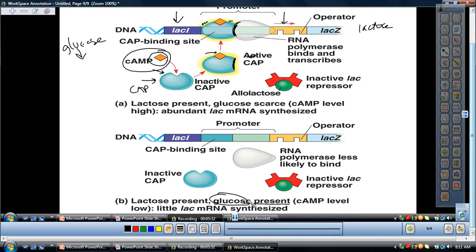In that case, we now have an inactive CAP, not going to bind because the concentration of cAMP decreased. If that concentration is decreased, we have fewer of these, they're not activated, they don't come up here and bind, and RNA polymerase is less likely to bind. It doesn't mean it can't, because I just showed you a minute ago that it could, but it's less likely, because there's not something that's speeding up the rate of the reaction.